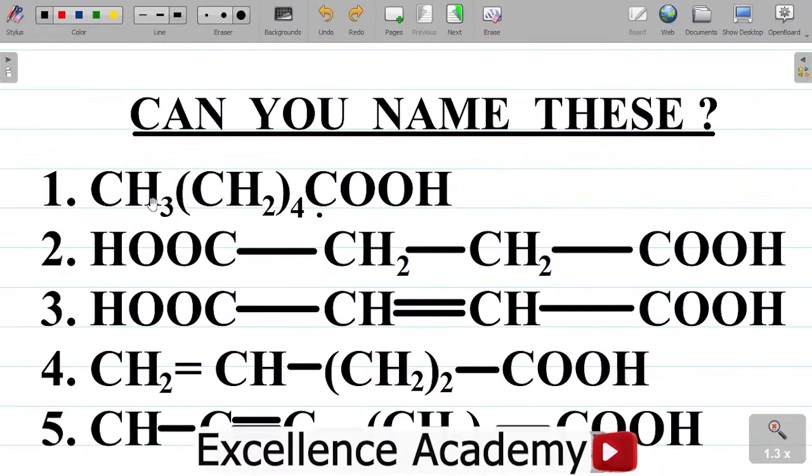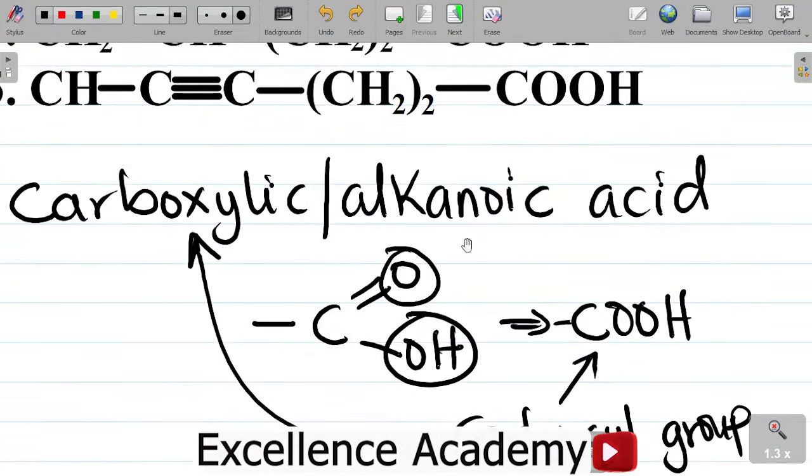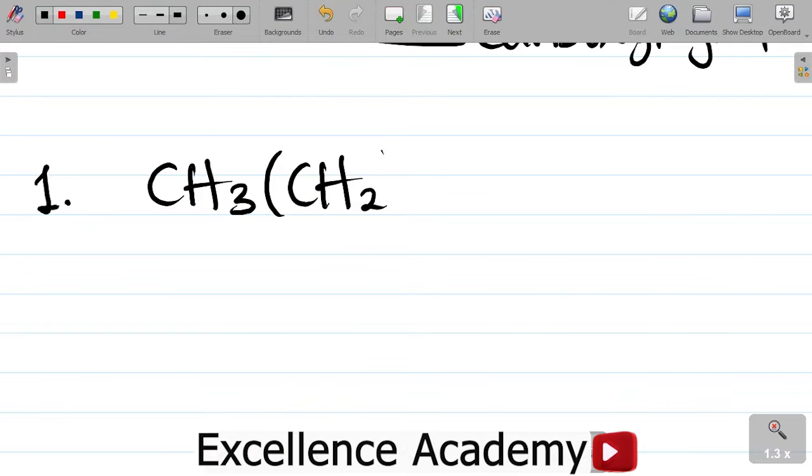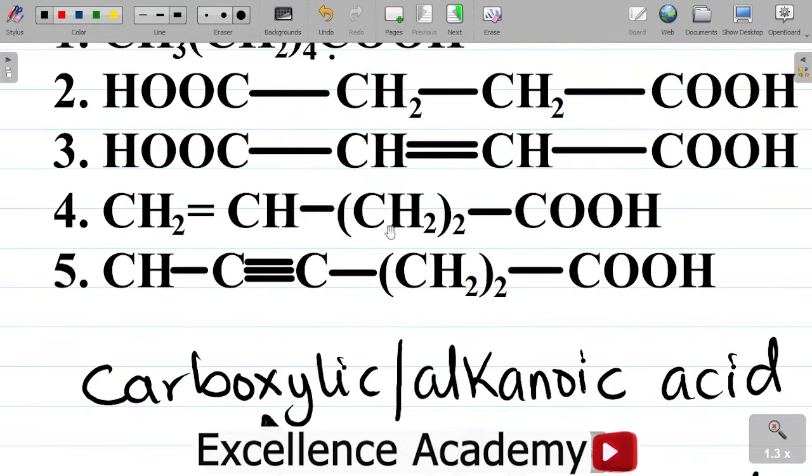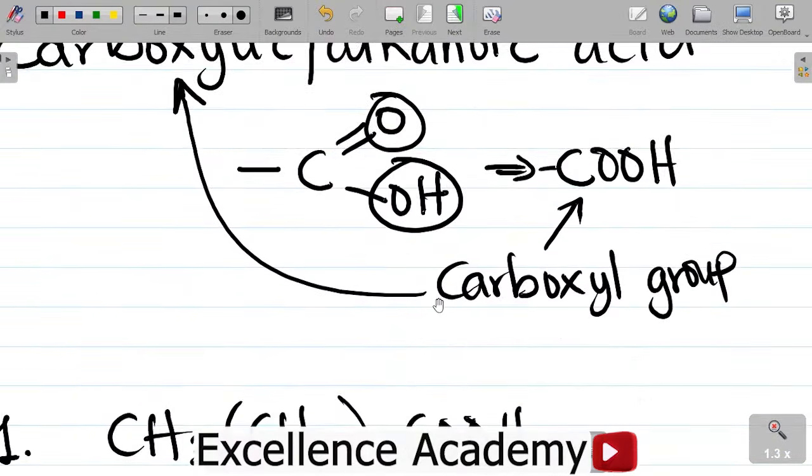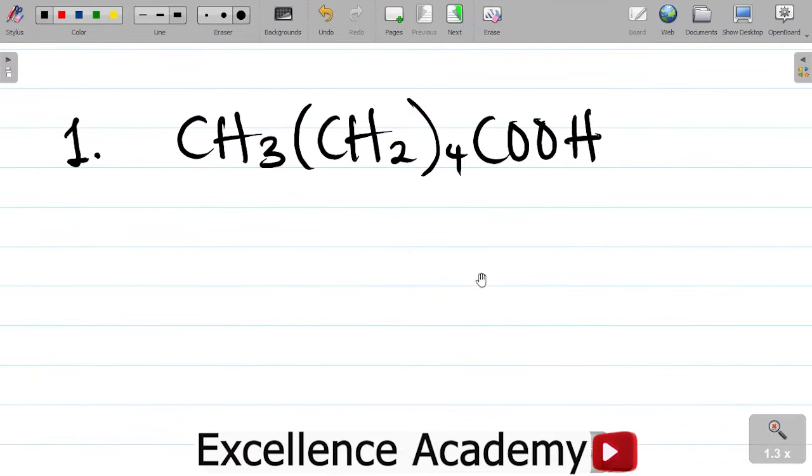We'll take the first one here, CH3, CH2 4, then COOH. Number one, CH3, then you have CH2, this 4, then COOH. So how do you name this? Let's see. Just to confirm this is correct. Okay. So how do you name this compound here? Now, the first thing you want to observe is that this CH2 occurs 4 times.